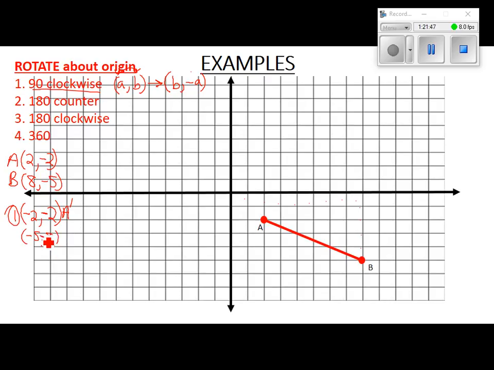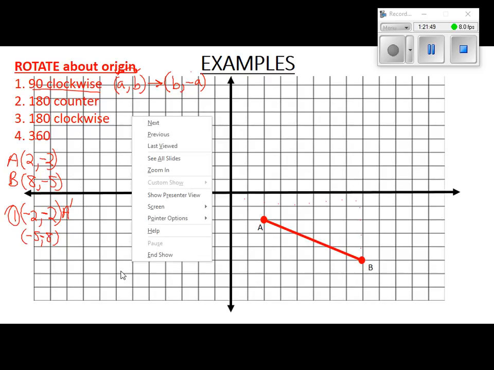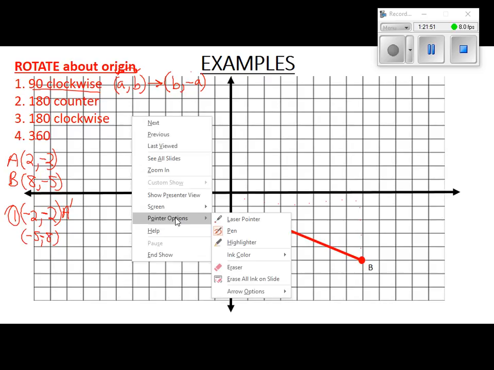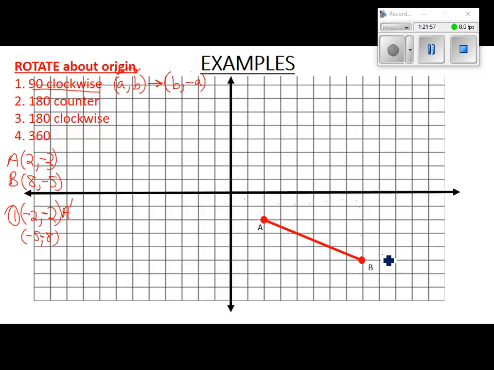So we got -2, -2. Let me switch my ink color here. Try to get purple here. We got -2, -2. That's A prime. And then -5, -8, so 4, 5, and down 1, 2, 3, 4, 5, 6, 7, 8.